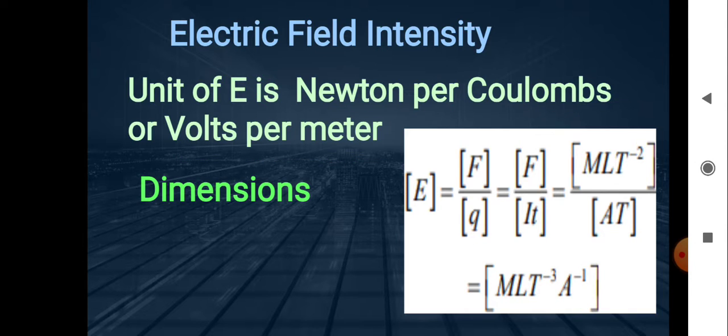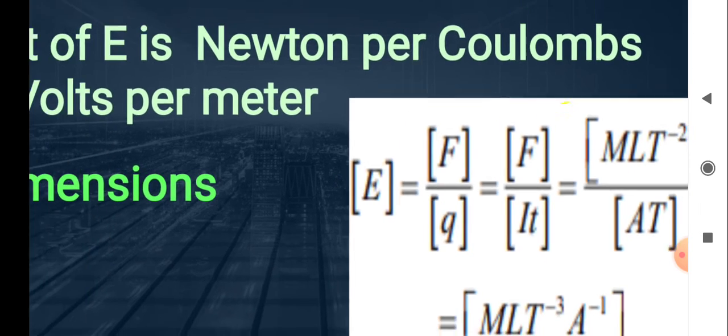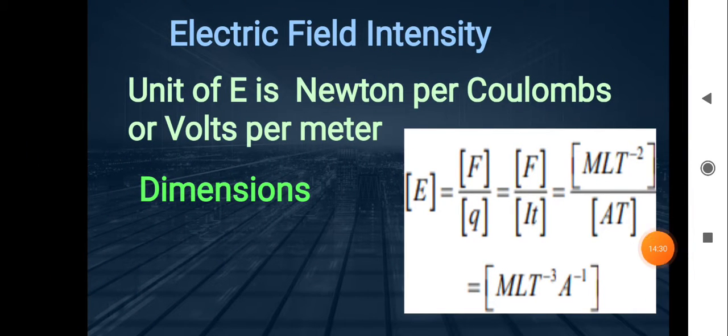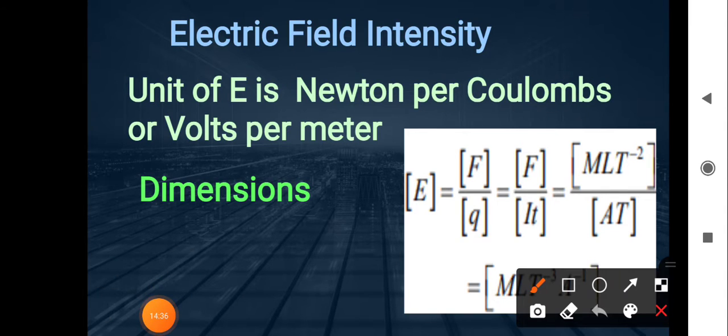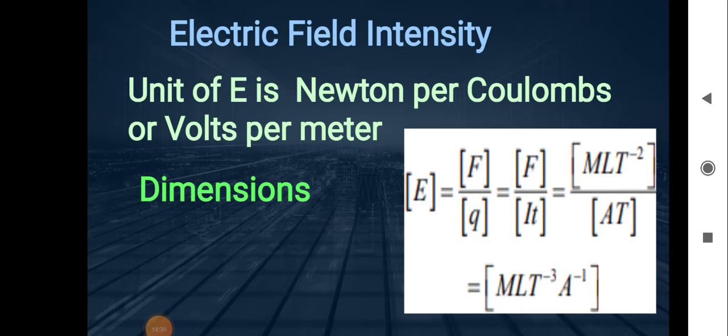The dimension of electric field intensity is M1 L1 T minus 3 A minus 1. M means mass, L means length, T means time, A means ampere.